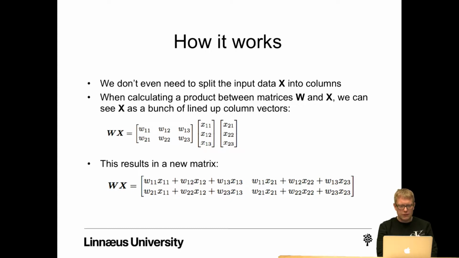And this results in a new matrix where each column in the resulting matrix corresponds to each column in the input data matrix X, so corresponds to each of our training examples.